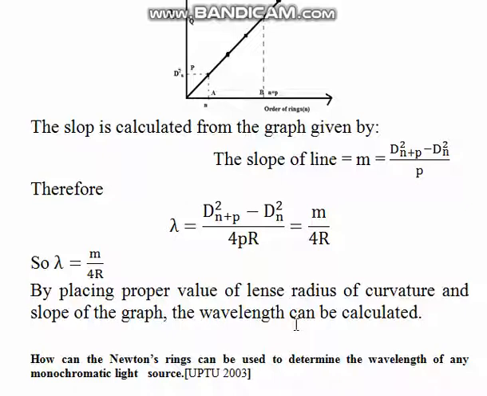The radius of curvature of the plano-convex lens can also be experimentally determined with the help of the spherometer. Either it is calculated by the spherometer or it is given, and in this way we can obtain the wavelength of any monochromatic light source. Thank you.